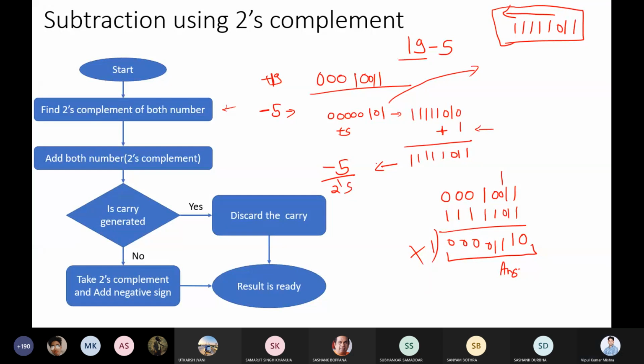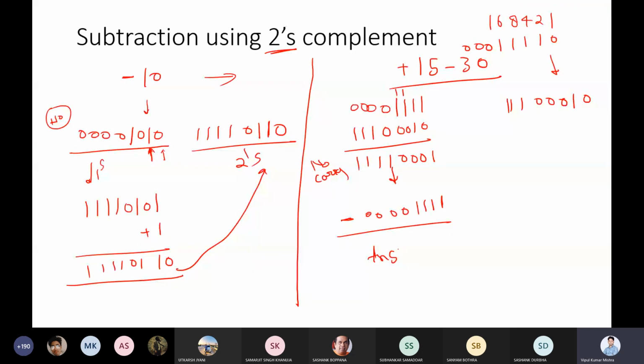So till now we have seen how to represent a number into the binary form. Then we have seen how to represent the signed number into the binary. These are 3 methods we already saw. Then we have seen the addition. Addition is the same for all the methods, but subtraction is different for all 3 methods of representation.